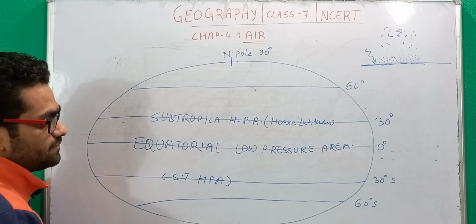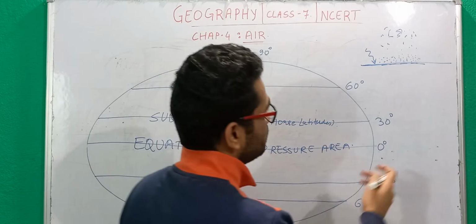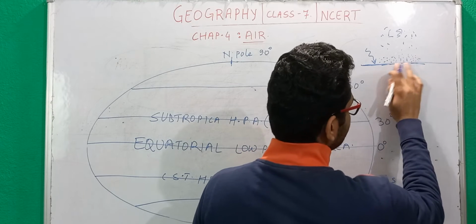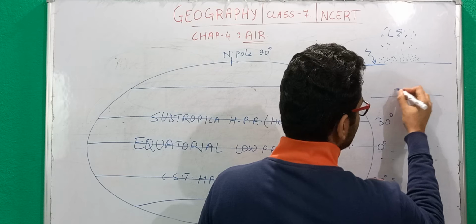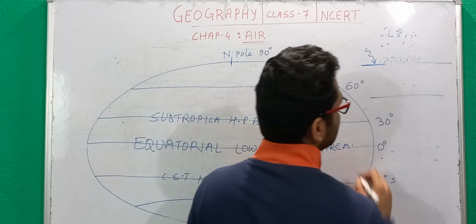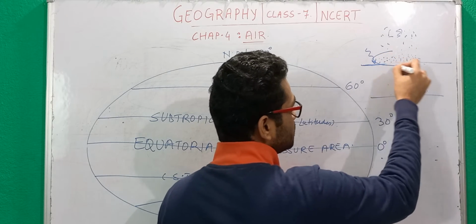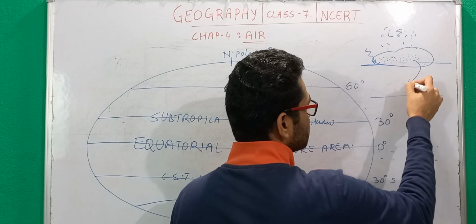As we have already understood, suppose this is the subtropical high pressure area and we have the equator here, where the concentration of air is very low. What will happen is that this wind will start to flow here.